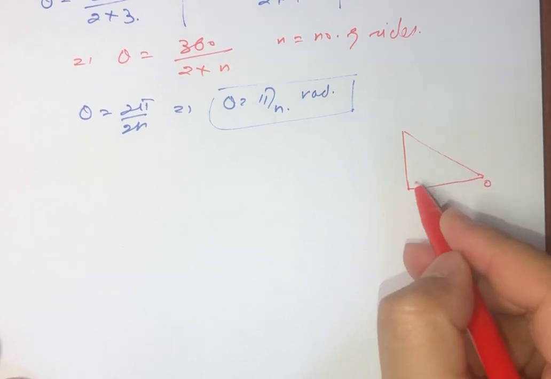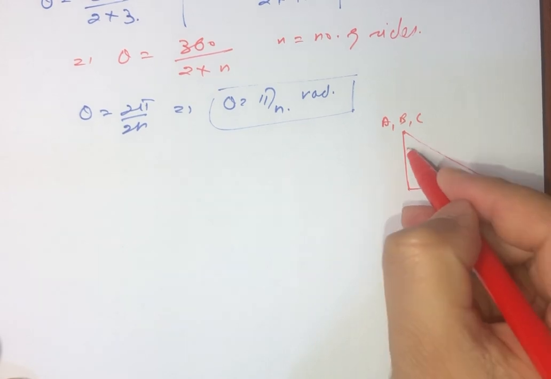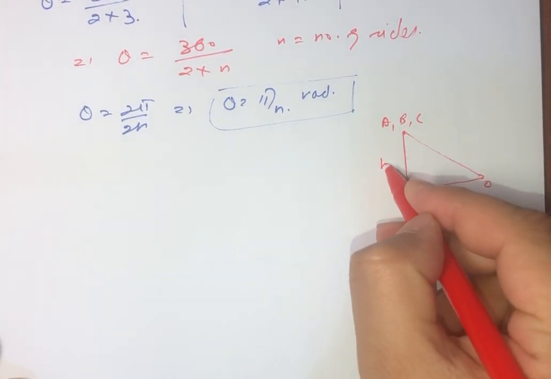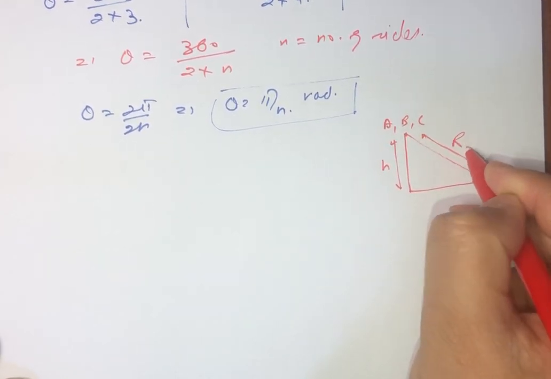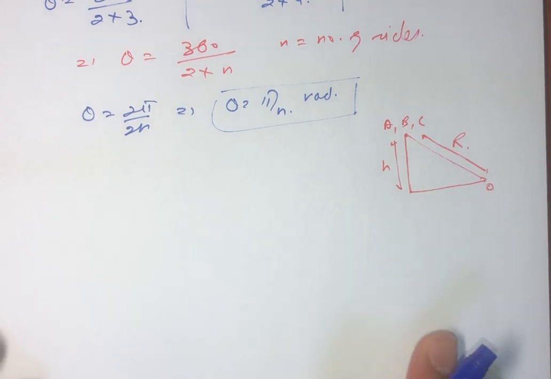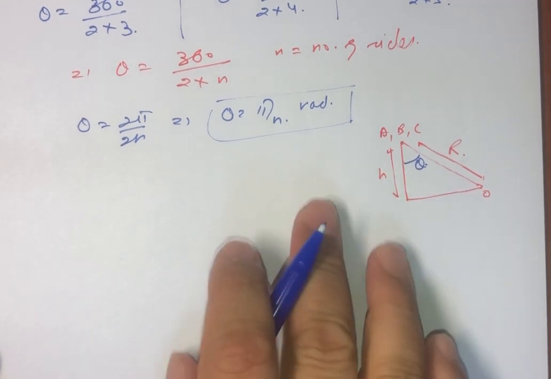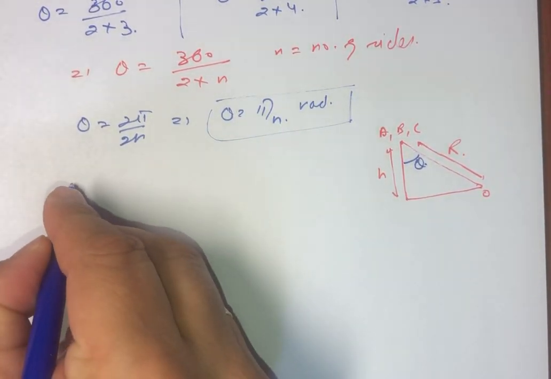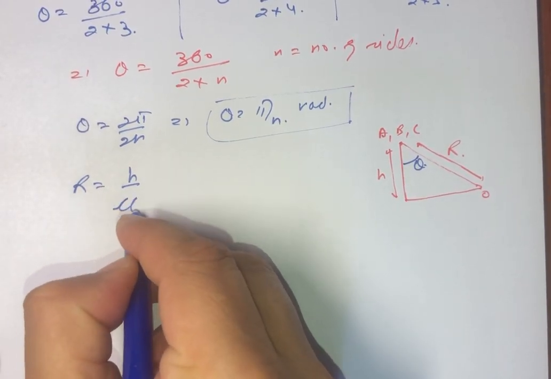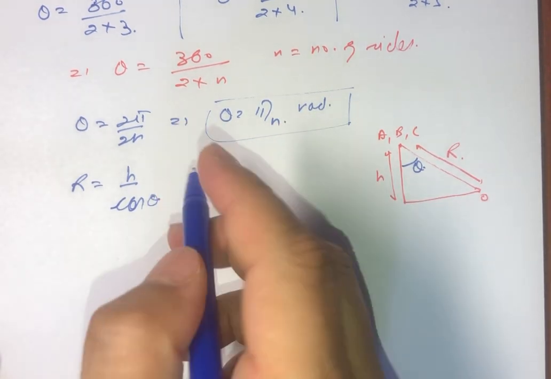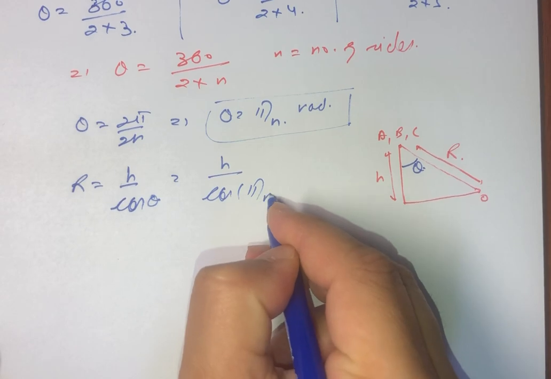This is point O, and this is point, for every case it is A, B or C. Okay, and this is our height H, and we have taken this as radius R. Therefore we can say, and angle is given as theta. So for the triangle we can write that R is equal to H cos of theta. Theta we already know, so we can write H cos of pi by n.